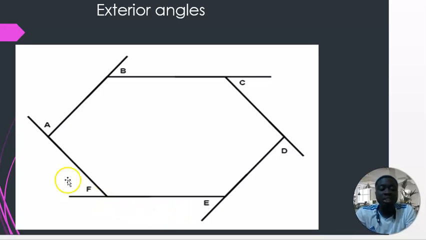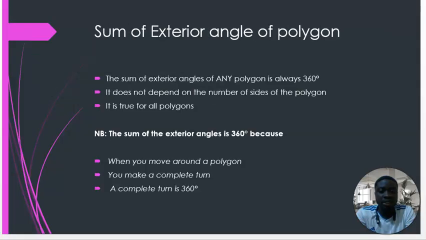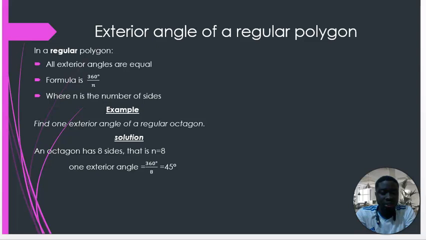So when you are rotating this, it will get to a time that it will shrink and become like a point. So angles at a point add up to 360 degrees. That is why the exterior angles sum up to 360 degrees.